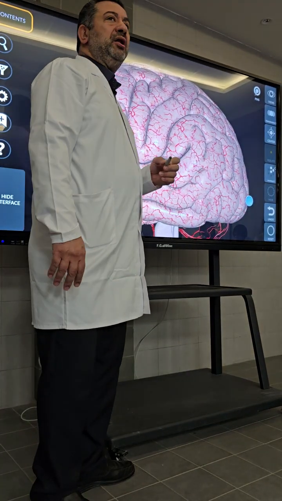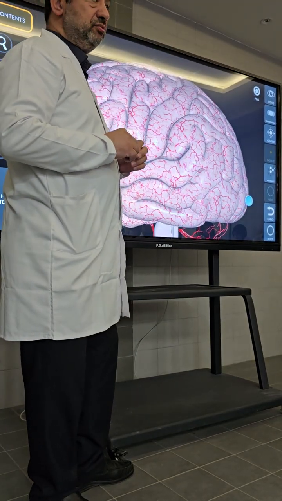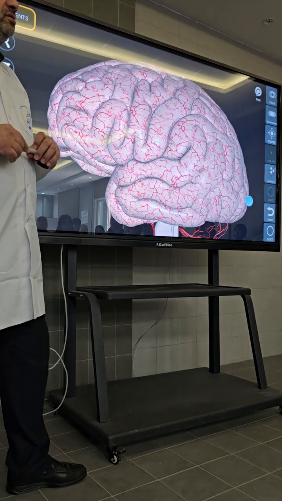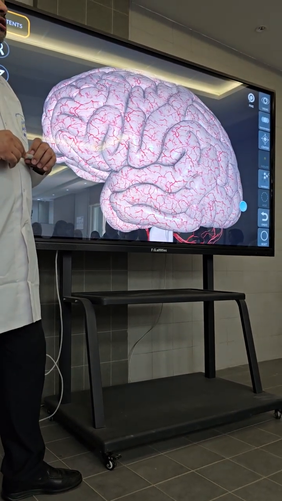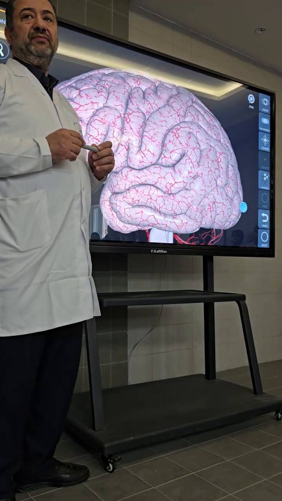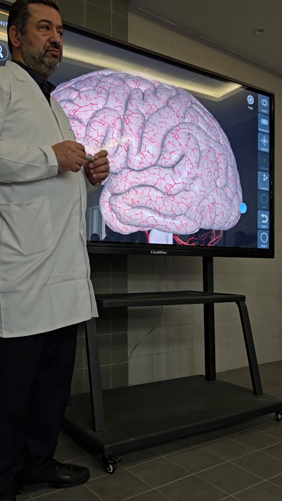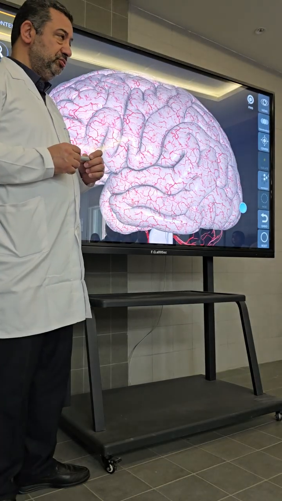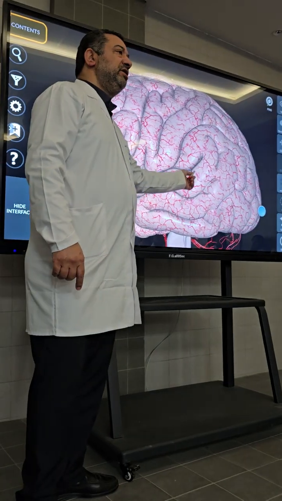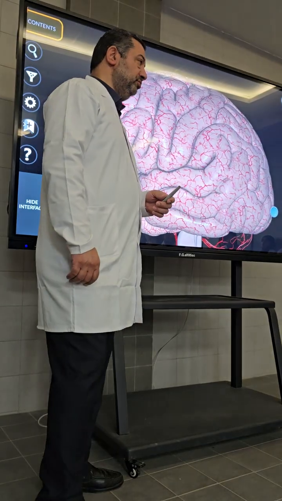On the superior surface of the superior temporal gyrus, there are many oblique gyri called the gyri of Heschl, the primary auditory area, Brodmann's areas number 41 and 42. Around this area, there is the auditory association area, Brodmann's area number 22.